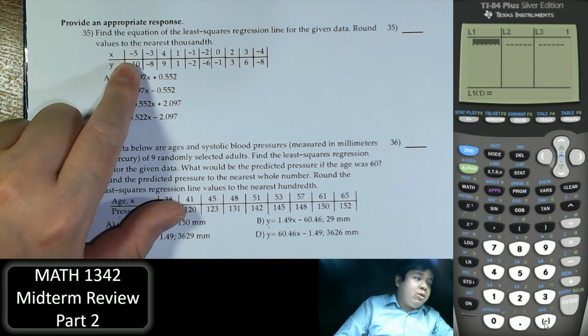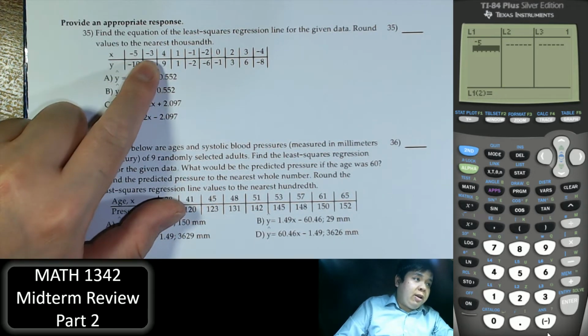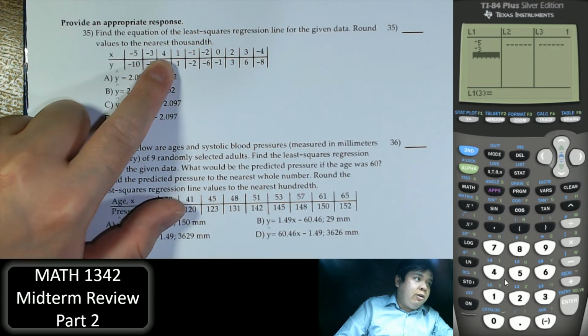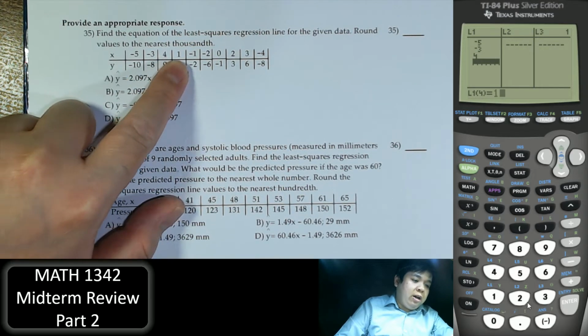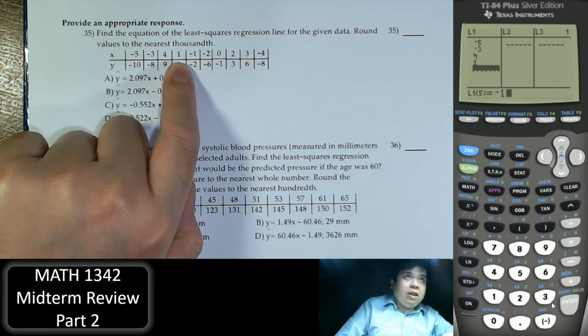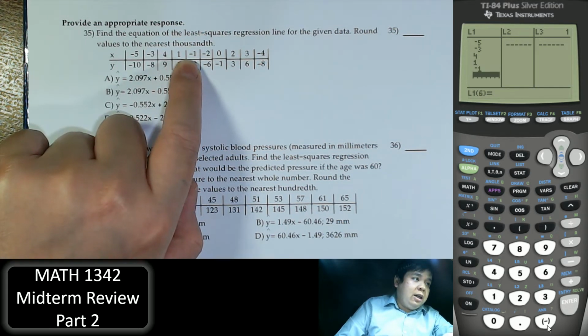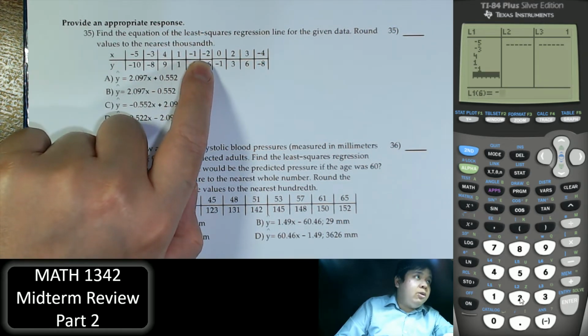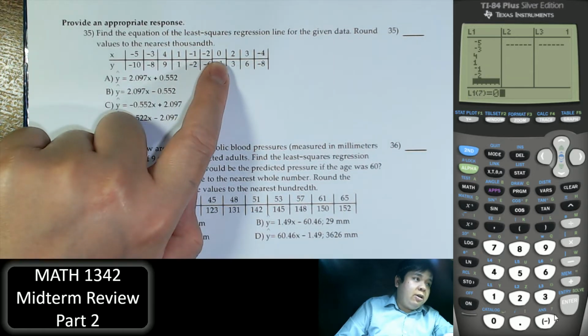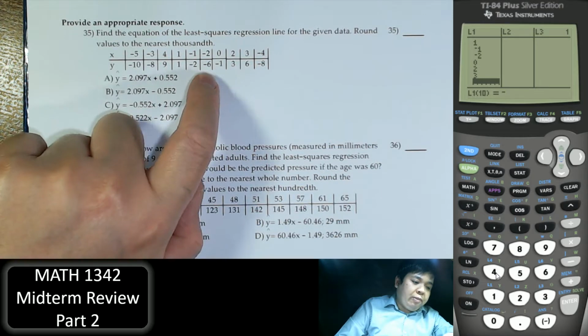Right. Now enter the x values for list 1: -5, -3, 4, 1, -1, -2, 0, 2, 3, and -4.